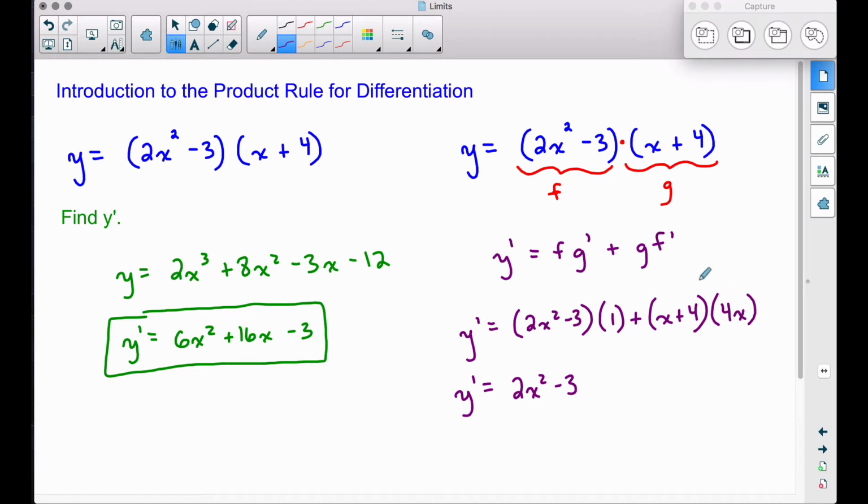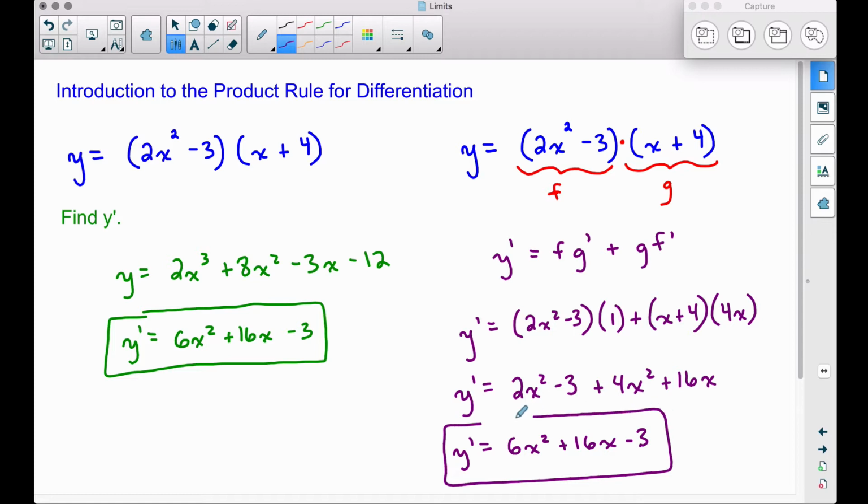Taking this 4x and distributing here, we get plus 4x squared, and then plus a 16x when we distribute 4x times that 4. So plus 16x. Combining like terms and cleaning this up, 2x squared plus 4x squared is 6x squared plus the 16x minus the 3. And as you can see here, we are getting the exact same answer.